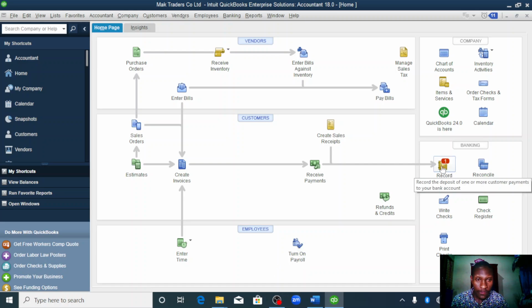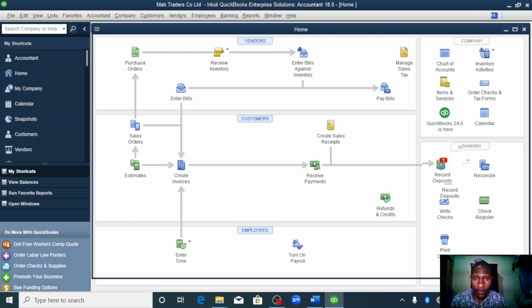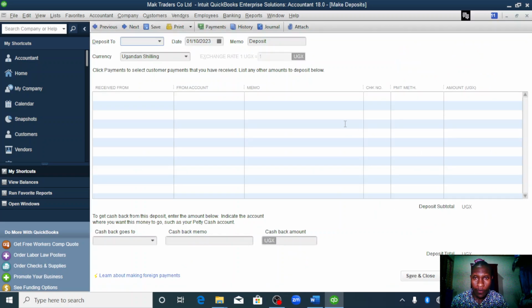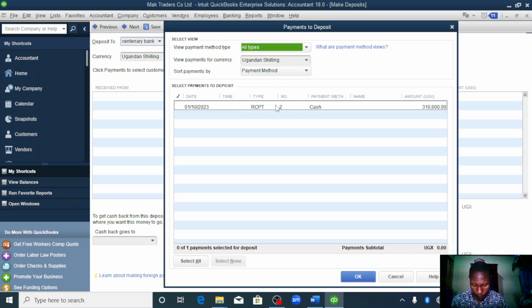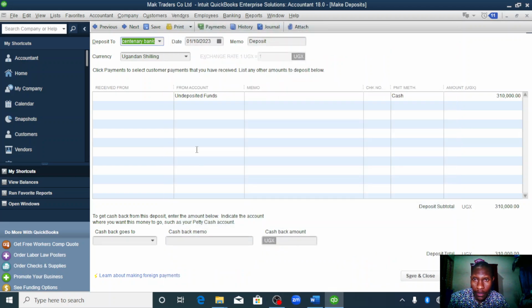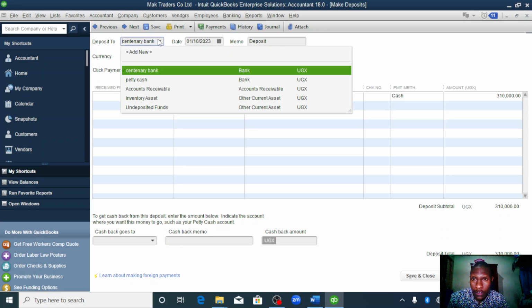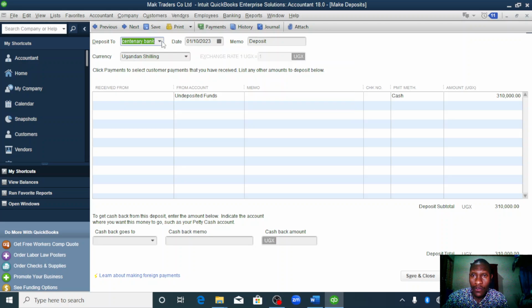We record deposits. We click here, we say okay. So that means the transaction was by check, but since they are not specifying, we shall not consider bank account.